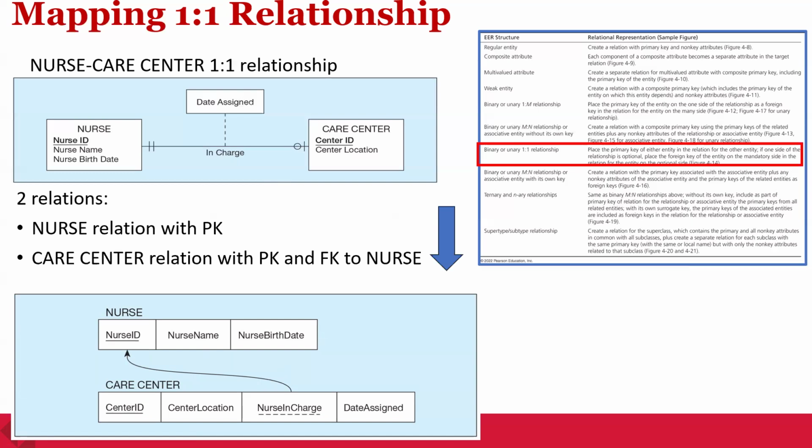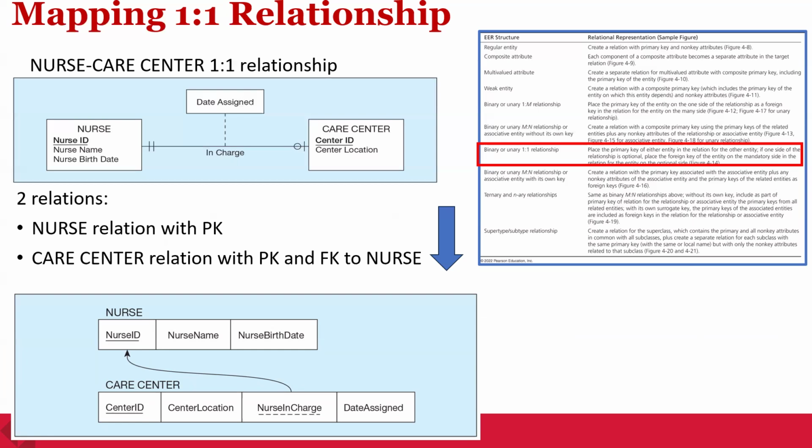We can call it nurse ID, we can call it nurse in charge. Why do we call it nurse in charge in this case? To bring meaning into the relationship. So it doesn't really matter how you call it, but we call it here nurse in charge ID. And nurse in charge ID is going to be a foreign key to the nurse relation. And care center also has a primary key, which is center ID.